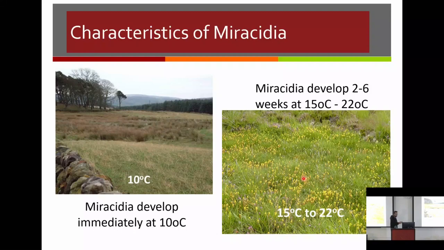So now, the characteristics of the miracidium: how they can develop within the snail. The miracidium develops immediately within the snail if the temperature is 10 degrees Celsius, and the miracidium develops within 2 to 6 weeks once the temperature is between 15 to 20 degrees Celsius.